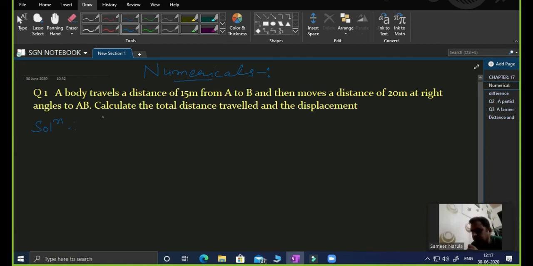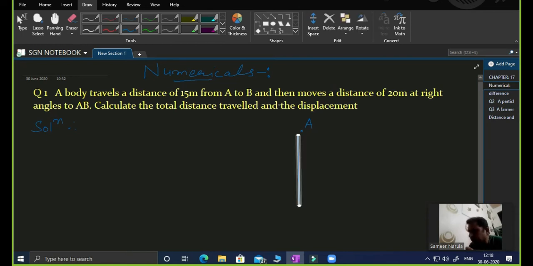Once again we see the question: from A to B the object moves 15 meter. This is position A, for example. From here, 15 meter is a distance, which has been taken over there.